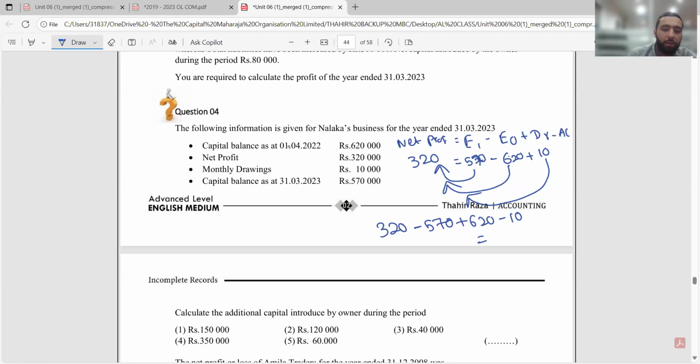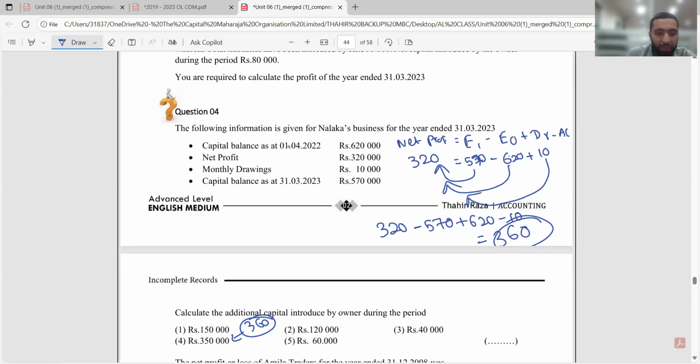It is 360. Am I correct? Is my calculation correct? Yes. Okay. So in this answer, there's a printing mistake. This should be how much? 360.